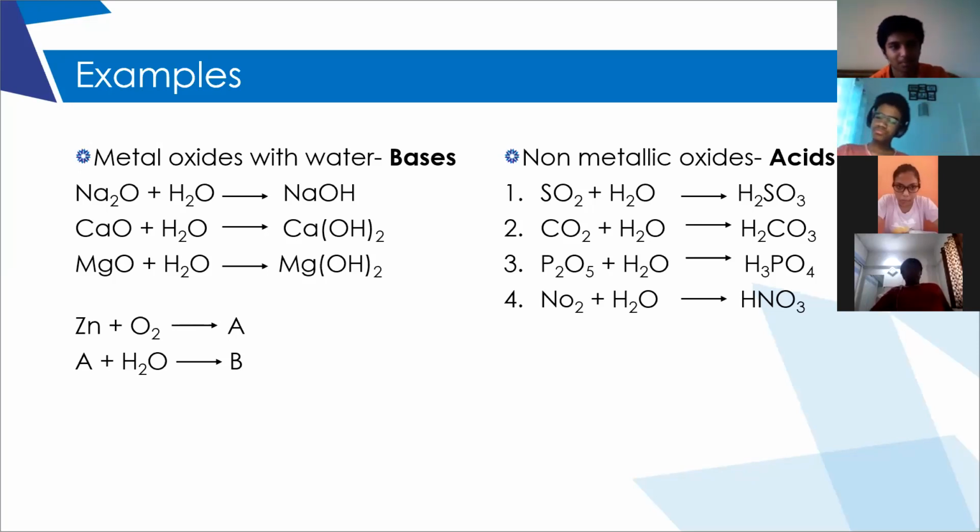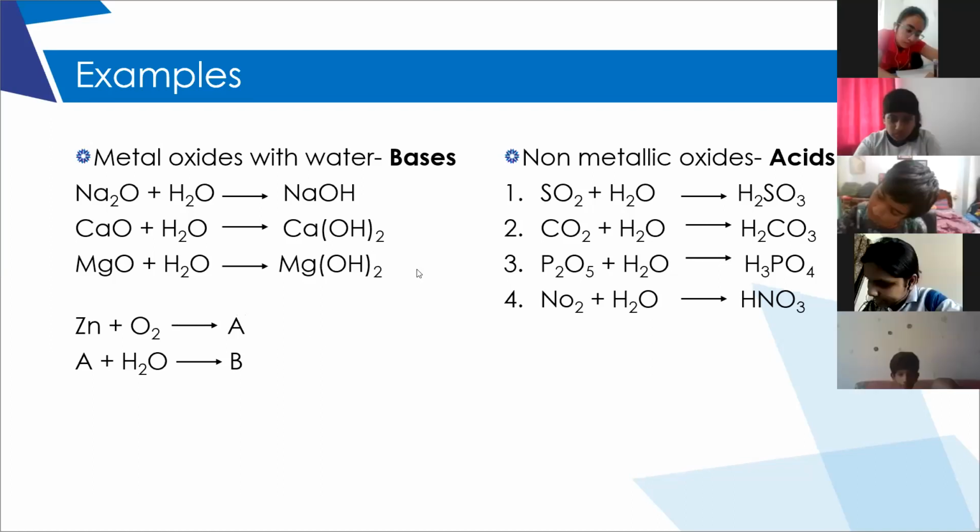No? Fe3. And the first one is Fe2O3, and then I am not getting. Very good. Fe2O3. Fe3 plus O2, so what is the first product? Fe2O3, because iron valency is 3, oxygen valency is 2.